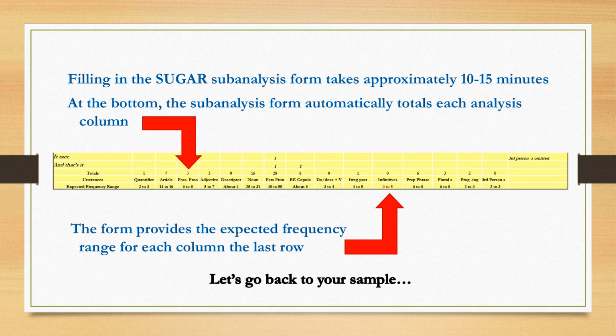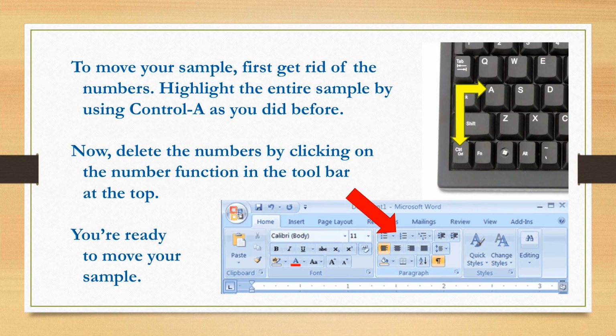Let's walk through a SUGAR sub-analysis by going back to your sample. We're starting with the language sample you used to compute the 4 SUGAR quantitative metrics. The sub-analysis form has 50 numbered spaces for your sample, so there's no need to have each utterance numbered twice.